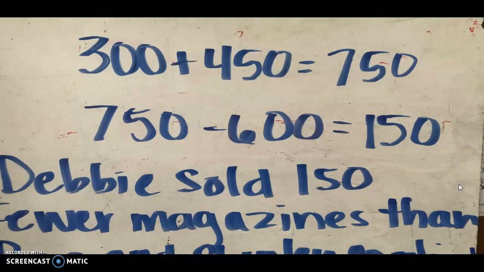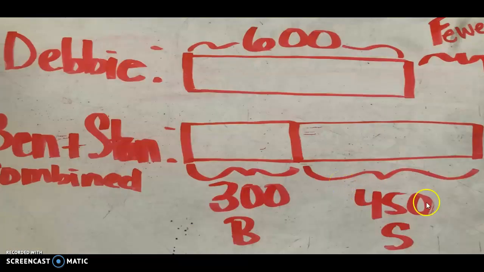For D, I want you to try and represent with a model. I'll go back to the previous one so that you have an example. Go ahead and try to solve or represent with a model that shows how many more magazines Debbie and Jeff sold than Ben and Rachel.